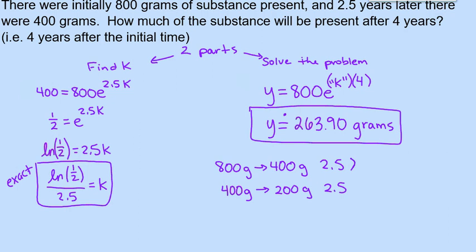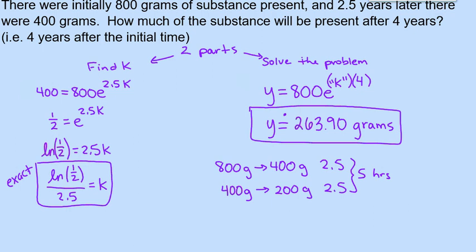That would be 5 years altogether. So what would it do in 4 years? Well, it wouldn't quite make it to another halving. It wouldn't quite make it to 200 because we haven't had the full 5 years yet. So in 4 years, look at that, it's a little bit above 200. That kind of makes sense, in my opinion.